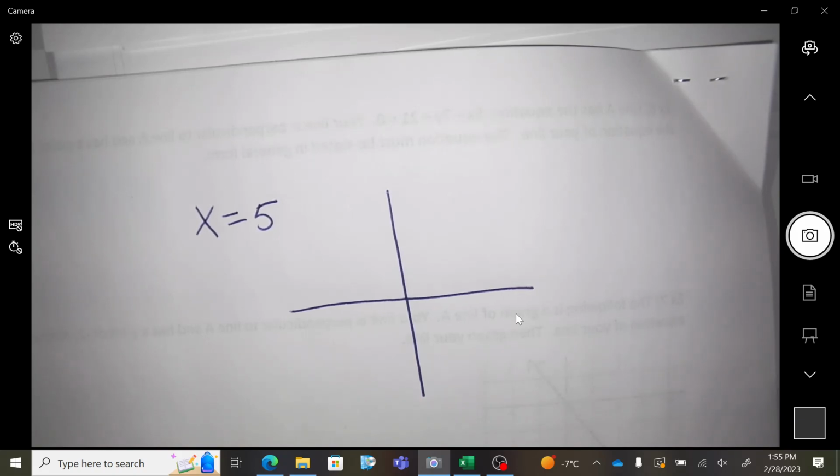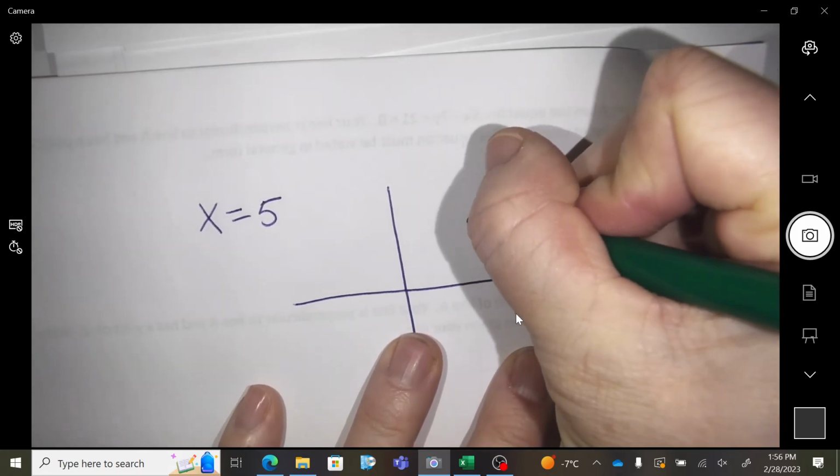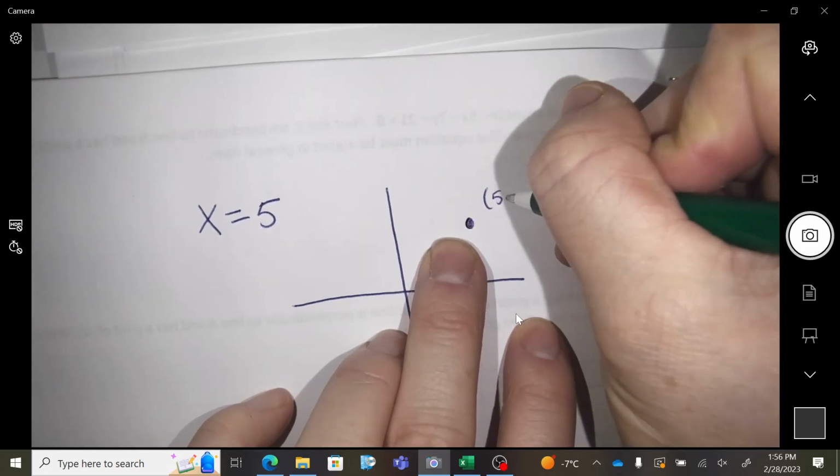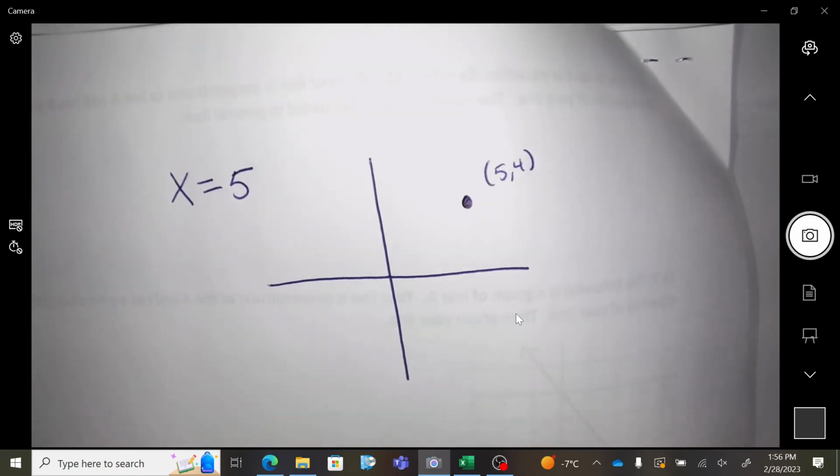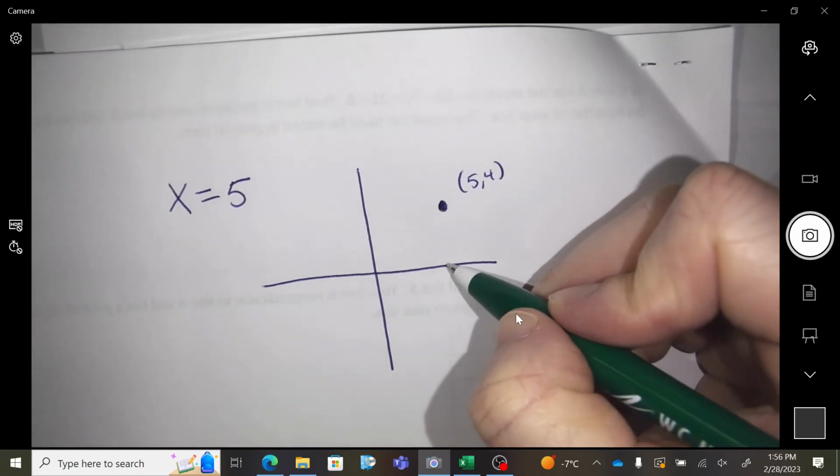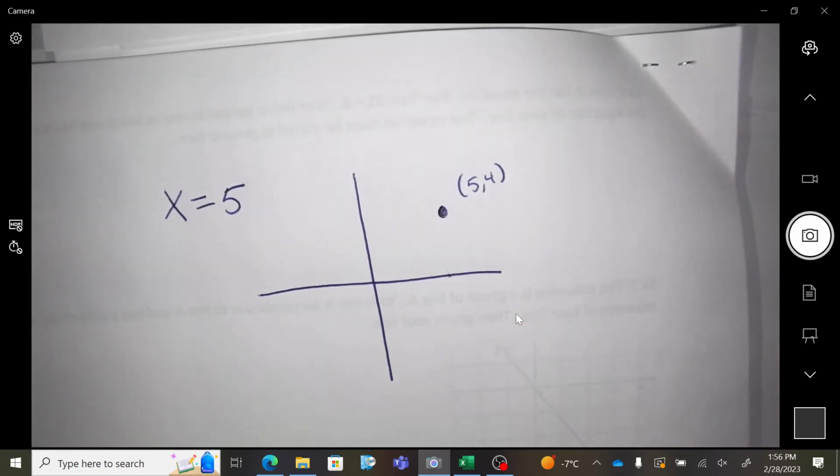Okay, this is a special line because there's just x's, there's no y's in it. So can you draw me any coordinate you want that would have an x value of 5? Go ahead. Okay. So some of you might have picked 5, 0, 5, anything.